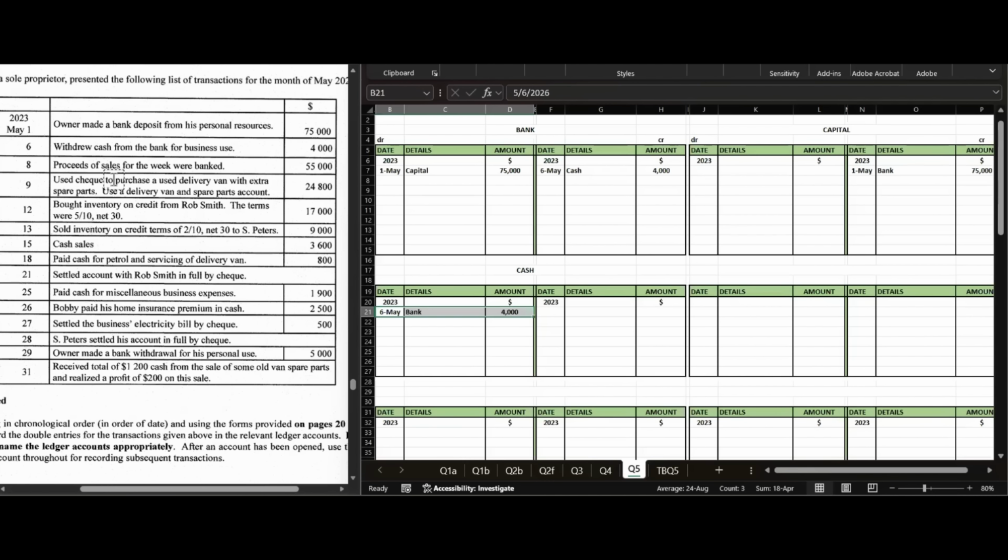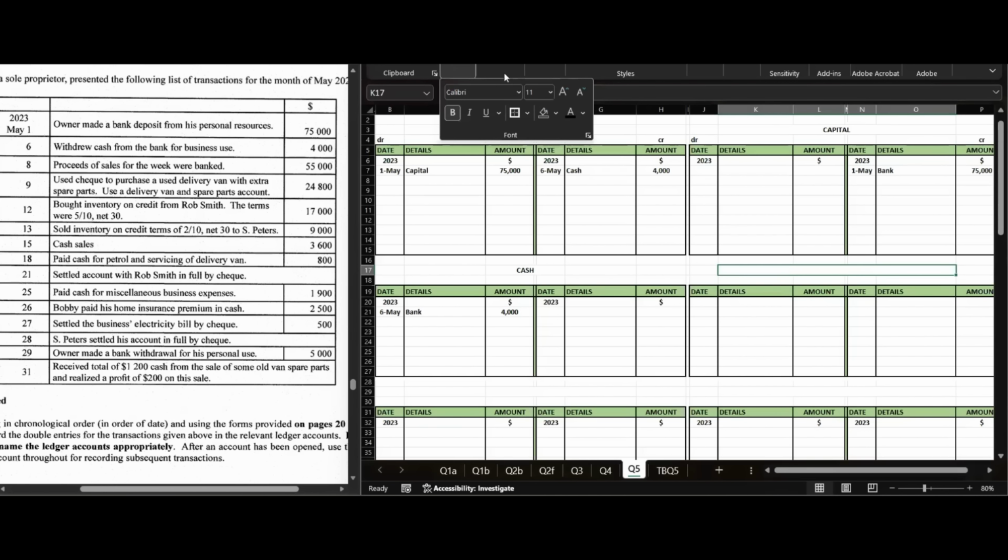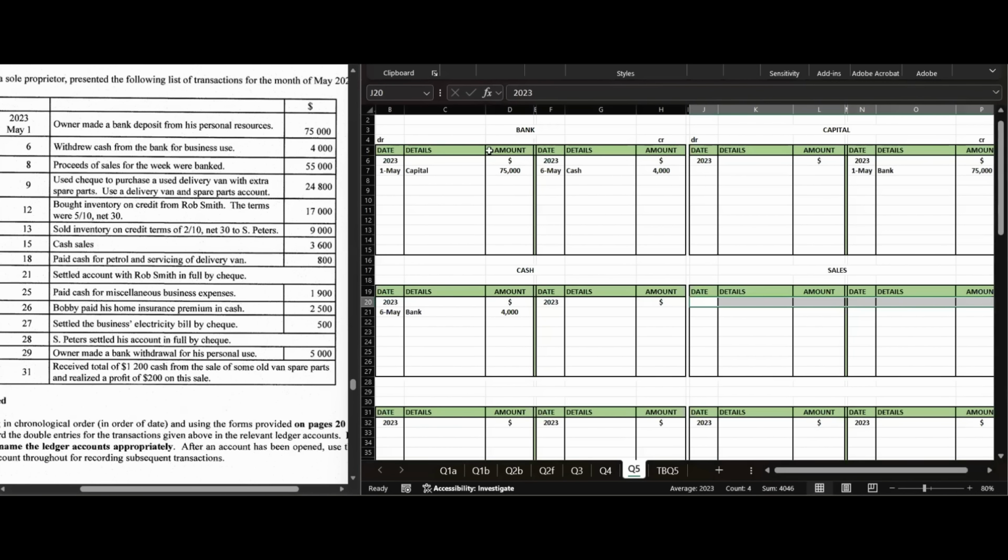So May 8th, proceeds of sales for the week were banked. This here was your sales account. So your sales will be credited. And they said it was banked, therefore your bank account would be debited.